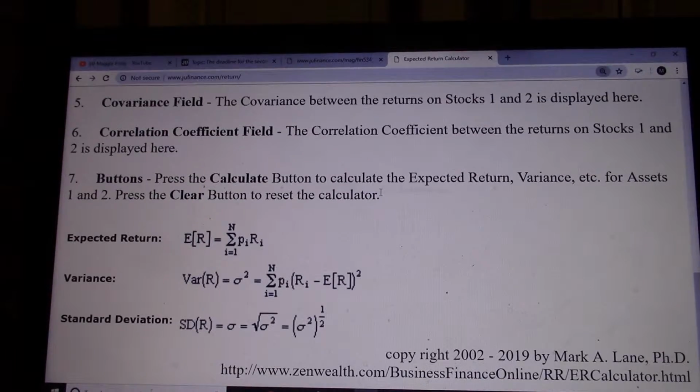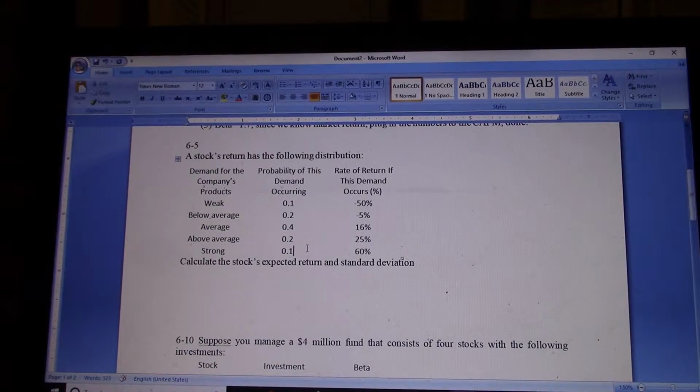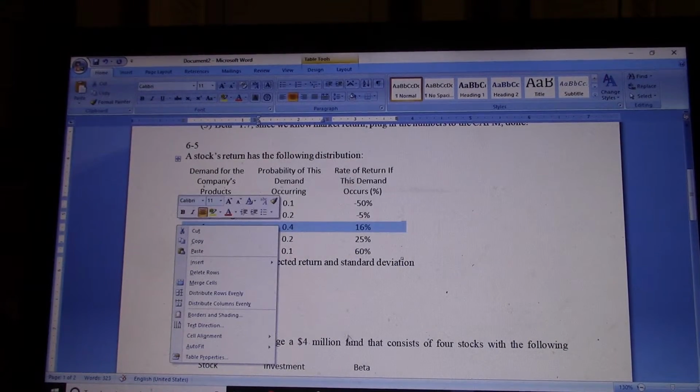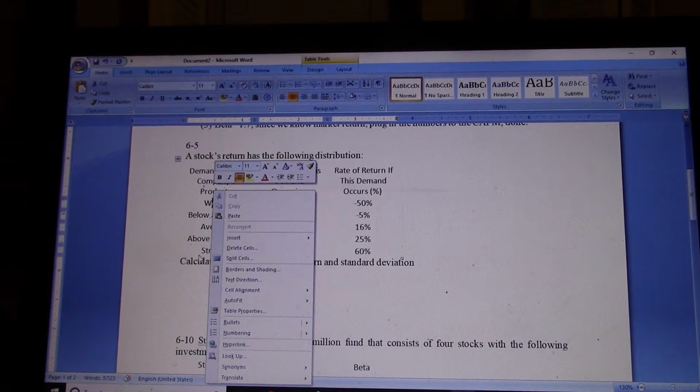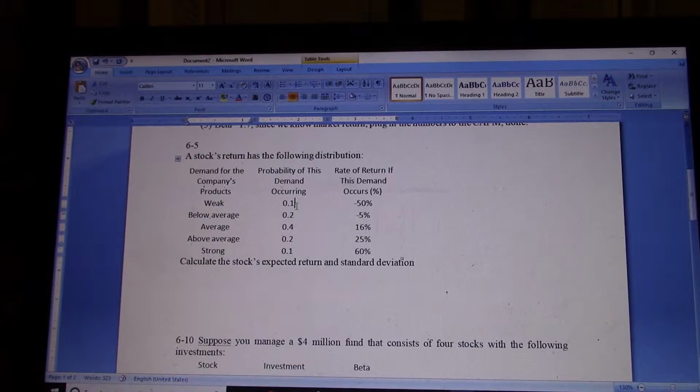For this question, you see it is just saying for the company, there's a weak economy and its corresponding probability for this weak economy to happen, weak demand to happen, and the rate of return if that happens.